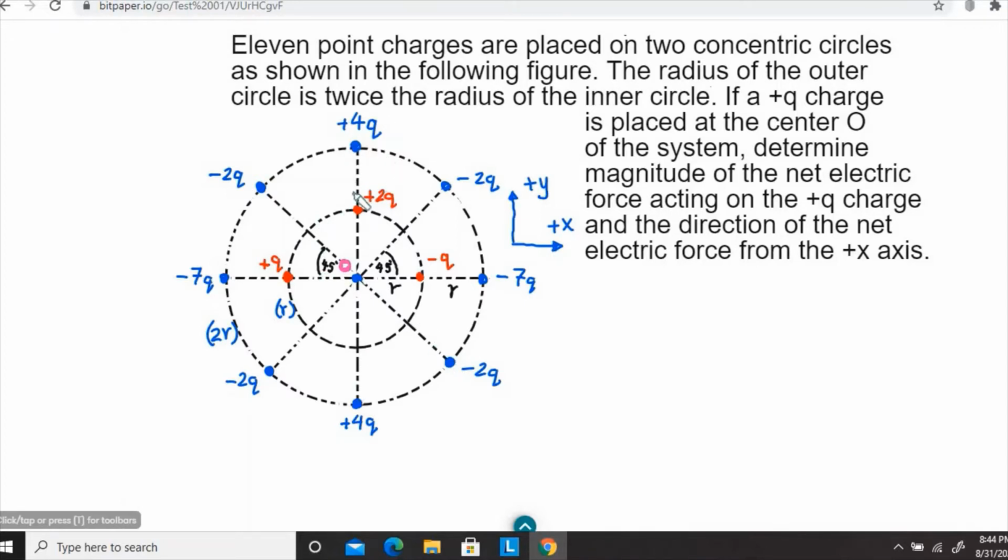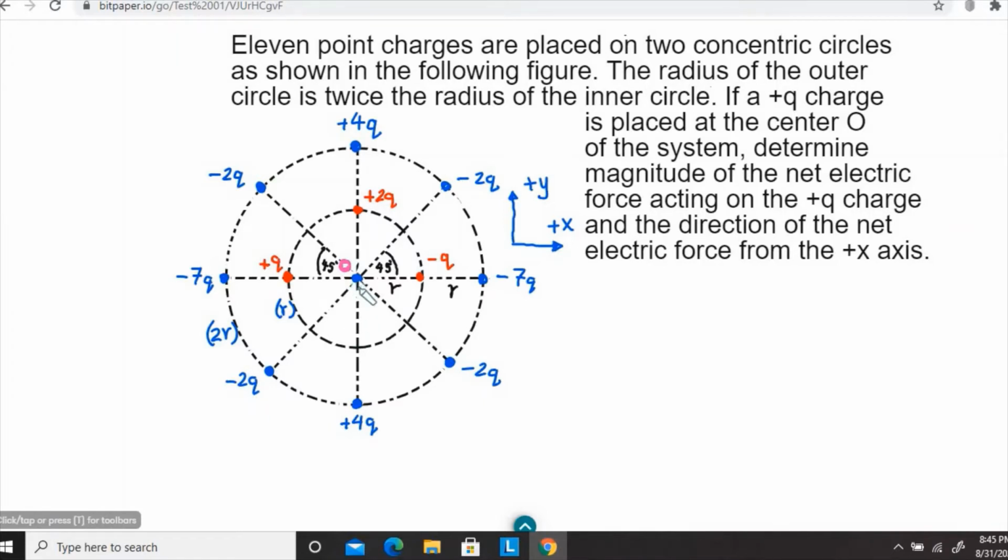If you think about the vertical direction, there's a plus 4q charge 2r distance upward, and another 2r distance in the downward direction. Then 7q to the left and 7q to the right. Minus 2q over here and minus 2q over here. Minus 2q on this side and minus 2q on this side.